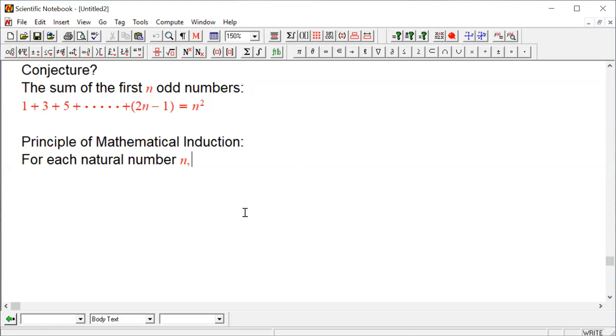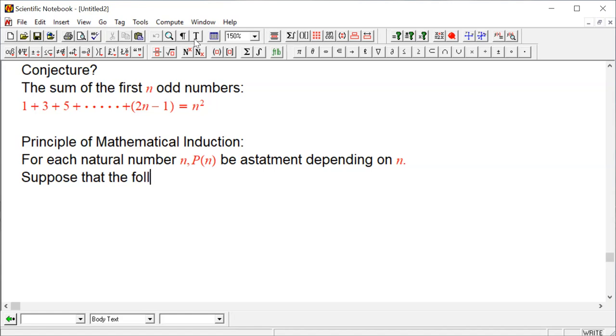If n is a natural number, let there be a statement P(n) depending on n. Suppose that the following two conditions are satisfied.